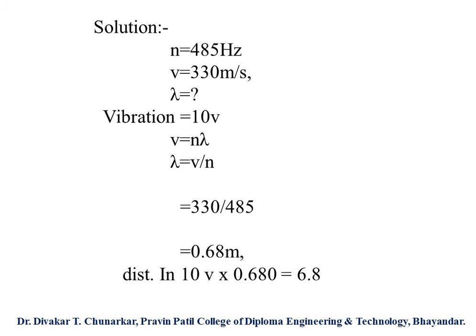Putting v equal to 330 meter per second and n equal to 485 Hz, we find lambda as 0.68 meter. So distance in 10 vibrations, multiplying by 10, we get 6.8 meters. This is our answer.